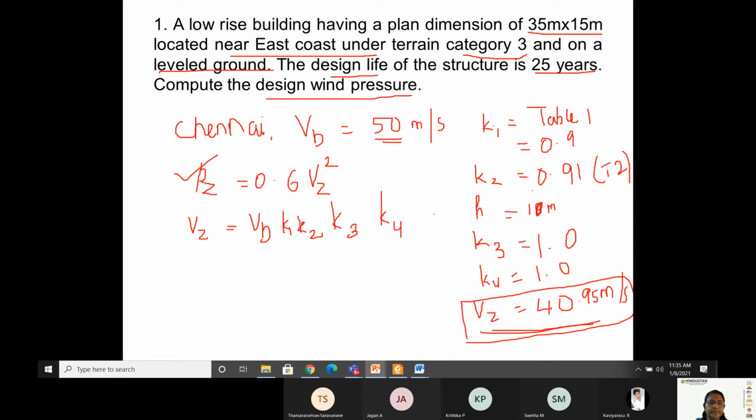Calculate and tell me. Pz is equal to 0.6 Vz square.